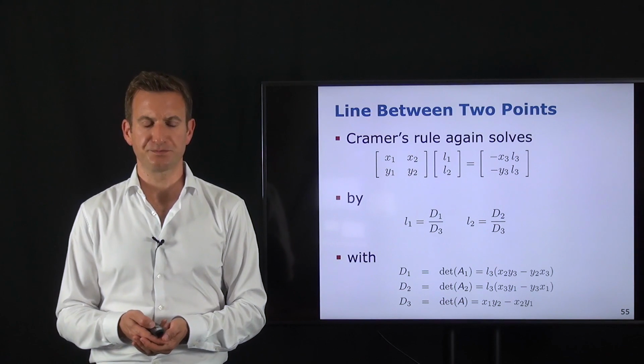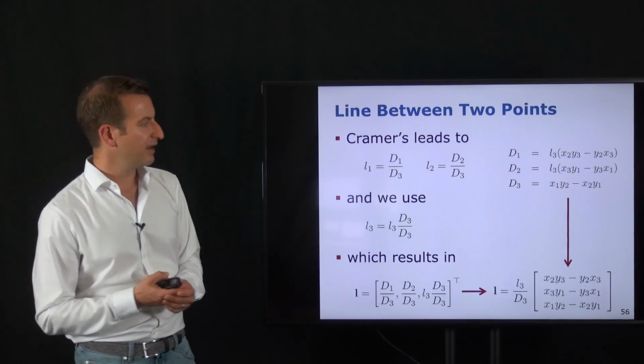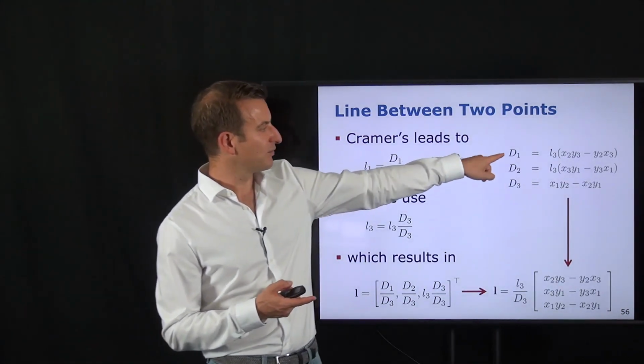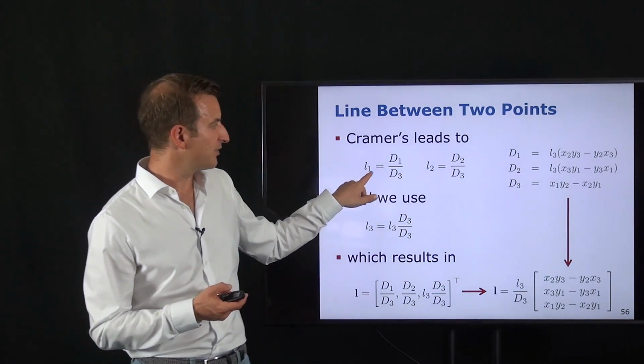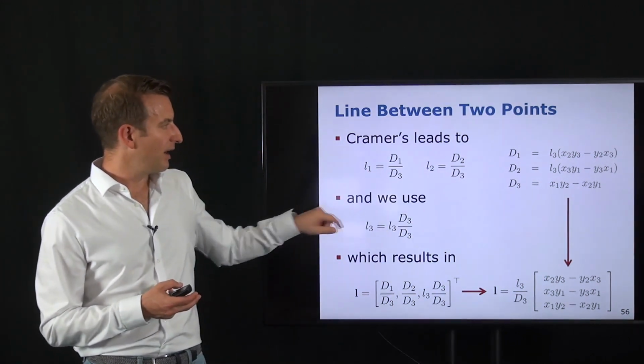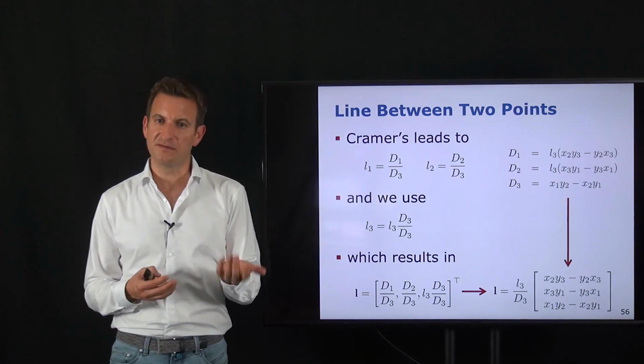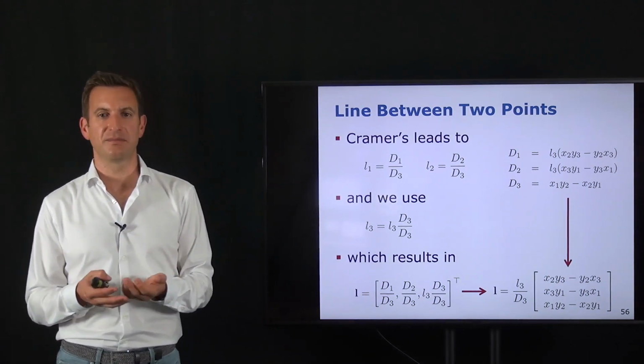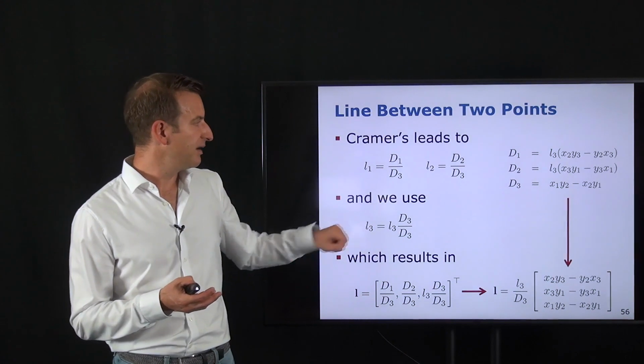Okay, so if I get again my vector d1, d2, d3, I have my parameters L1 and L2, and now I can define a third line parameter, which is my L3.